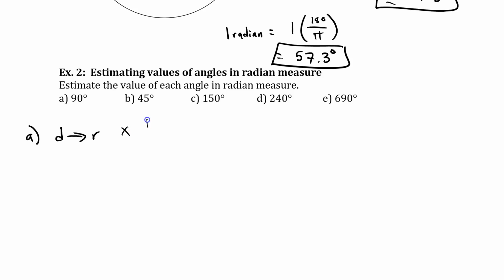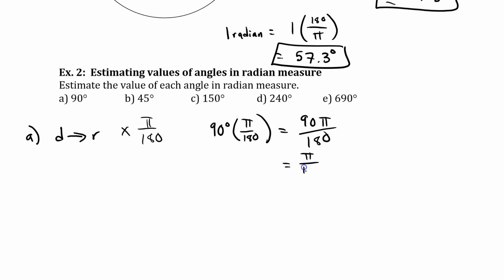So 90 degrees times pi over 180 is going to be pi over 2. Why? Because 90 is half of 180, so it's going to be pi over 2, because 90 goes into 180 twice.